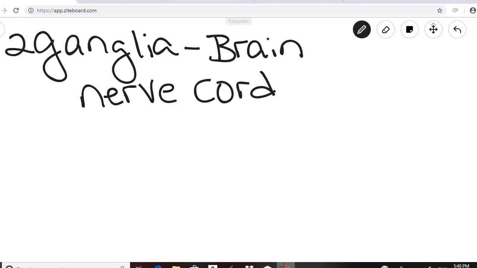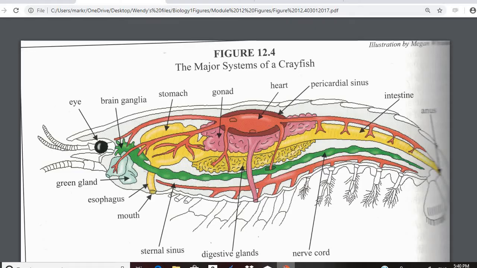So information can be sent to the appendages. It can be sent to the different organs. It can be sent to the eyes. So all over the body, you'll have those ganglia. Let me show you. Let's go ahead and look at that picture again. Here, the nerve cord is shown in green.